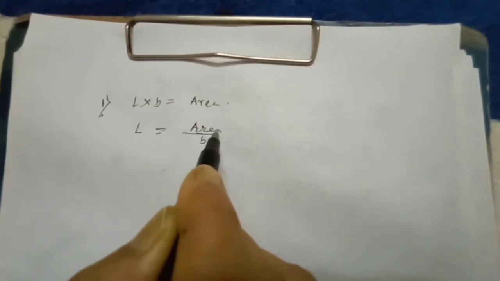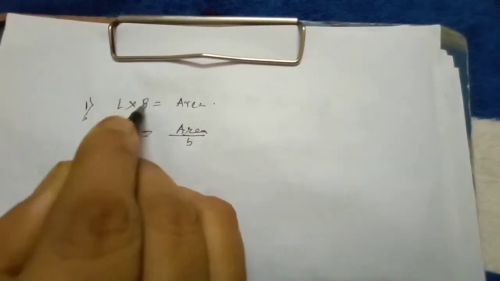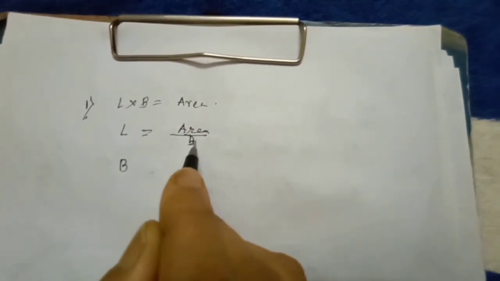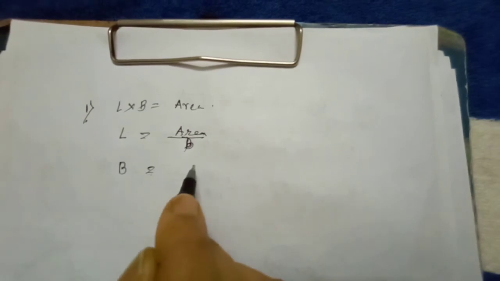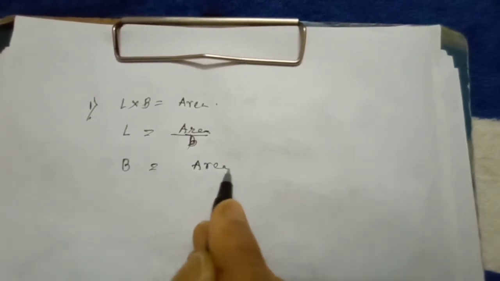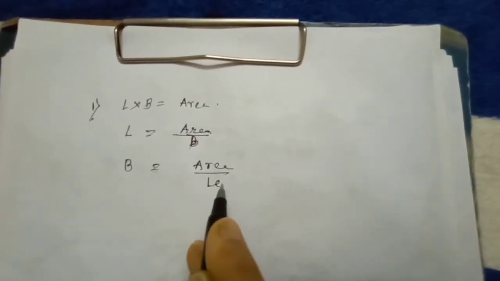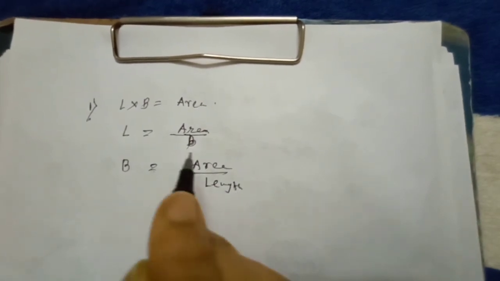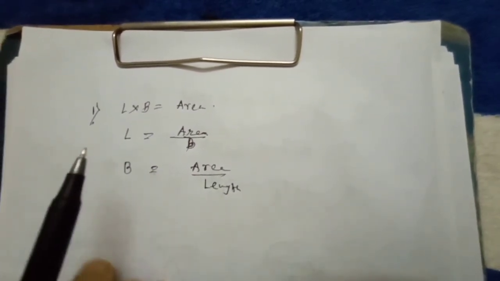In this formula, if length is missing, then you can find it by area by breadth. Or when breadth is missing, then you can find breadth is equal to area by length. So use this idea and you have to find the solution of question number 3. Thank you, students.